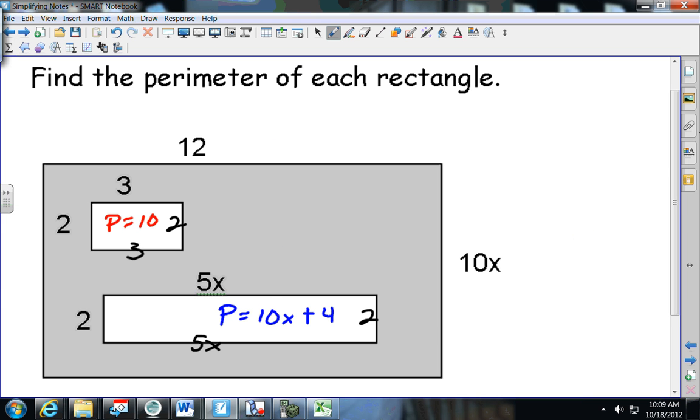The big one, I have 10x over here and 12 down here. 10x and 10x, 20x, and 12 and 12 plus 24. All I did was add up all the sides. Okay?